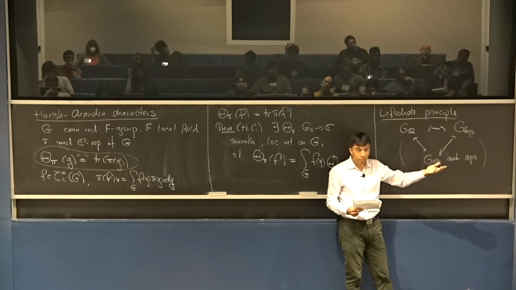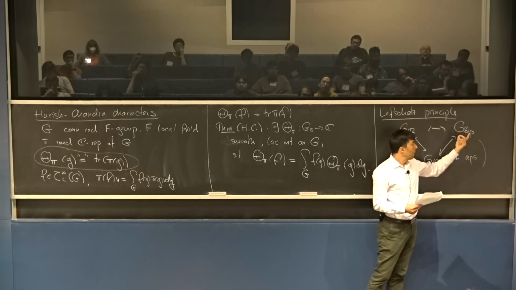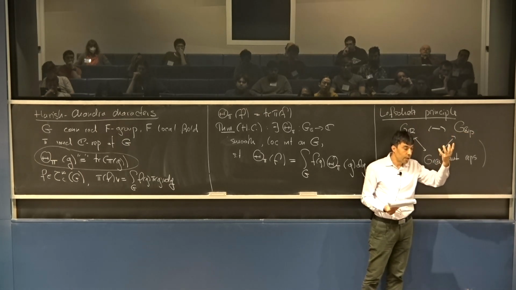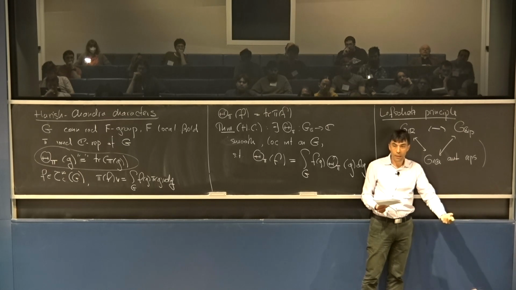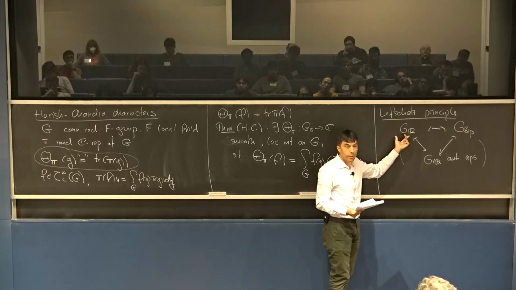Those don't exist at all in the real setting, and the concept of compact induction makes no sense there. And this uses very much the fact that this group is totally disconnected, that there are descending chains of compact open subgroups that go to the identity. That's a behavior entirely different from what happens on a real Lie group.